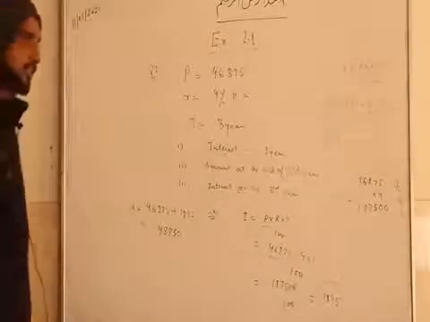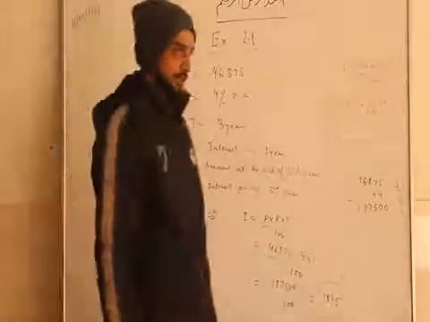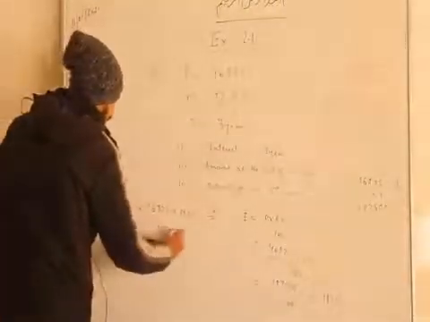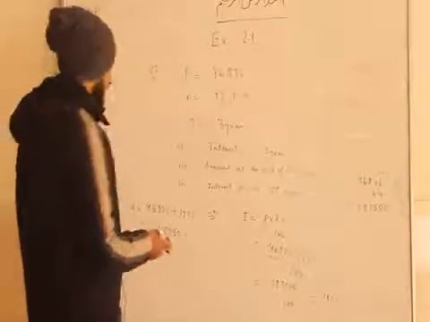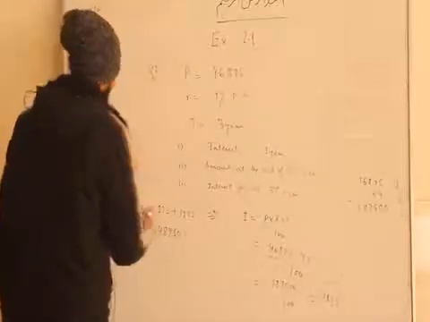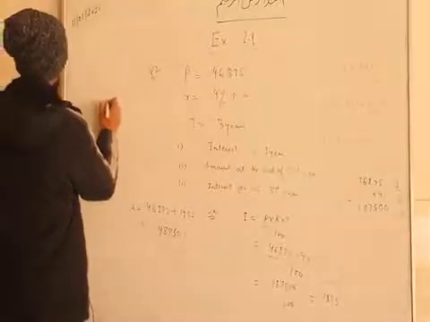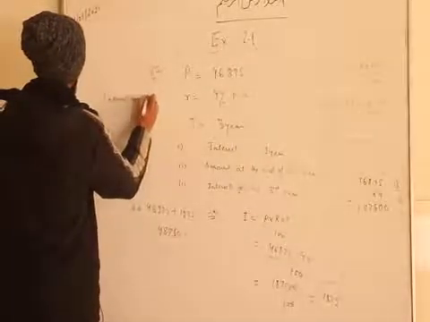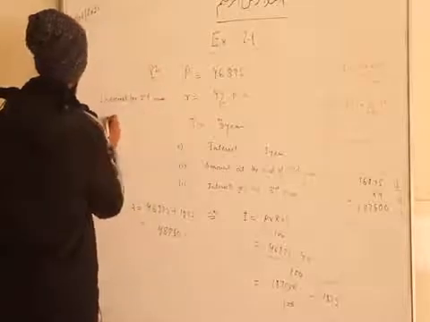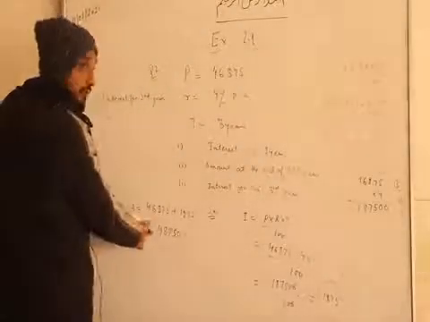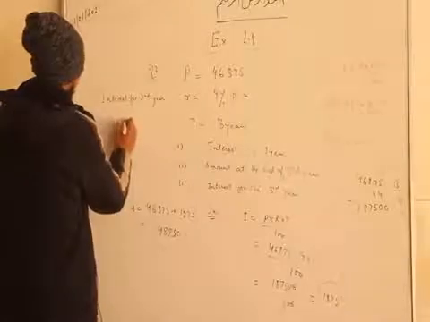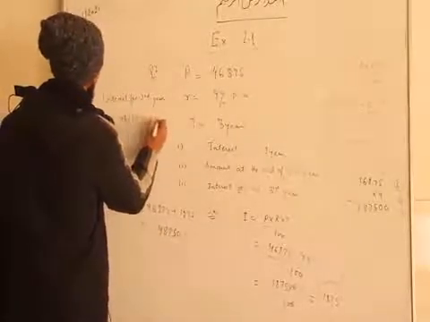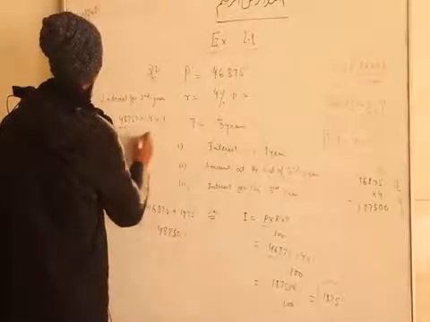Now we will consider this amount as the principal for the second year. So now this amount will be the principal for the second year, right? For that we will calculate the interest again. So interest for the second year. This is the principal now, 48750, and the rate will be the same, that is 4, time is 1 year, upon 100.